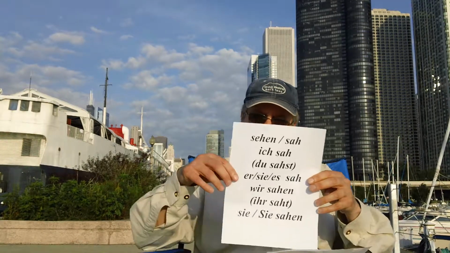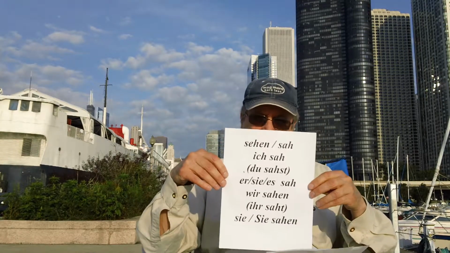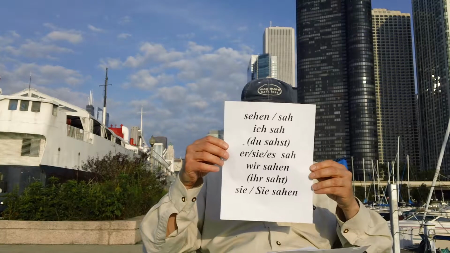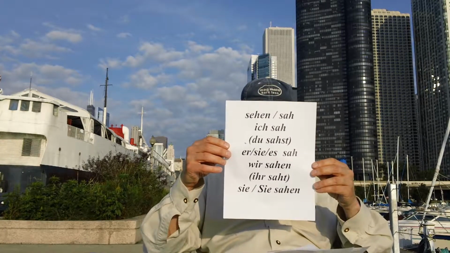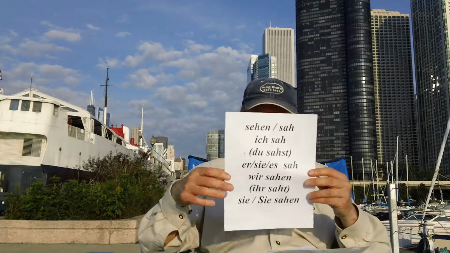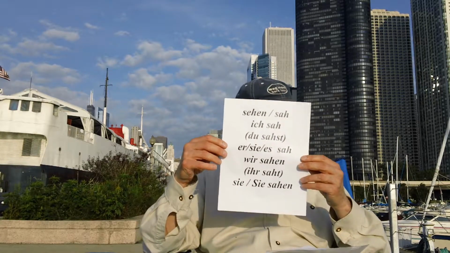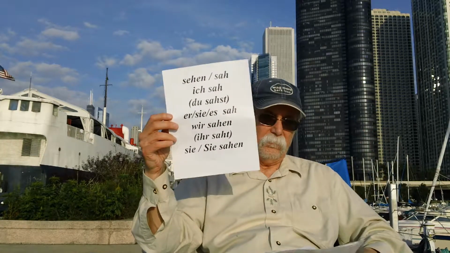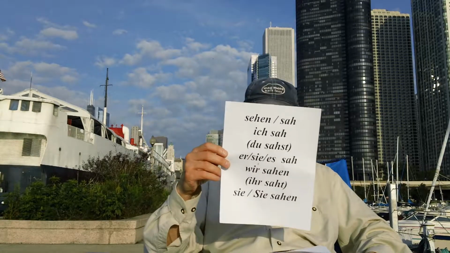So let's take, for example, the verb sehen. That's irregular in the present tense also. Sehen. The past tense is sah. So what do you get? Ich sah, du sahst, er, sie, es sah, wir sahen, ihr saht, sie sahen. Now, I have the du form and the ihr form in parentheses, just to remind you that you can go a long time without ever seeing or hearing those forms.